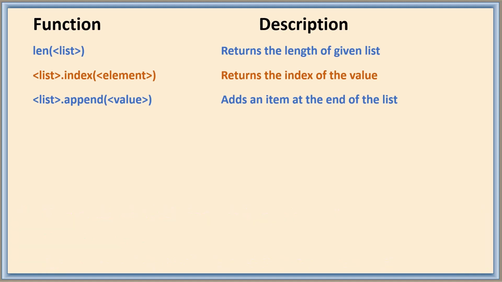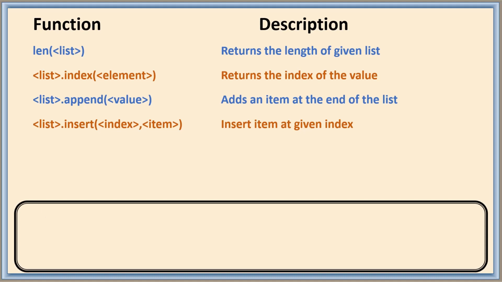If we want to insert an item in the middle, for that also we have a function, that is insert of. We have to give two arguments there. One is the index and the other one is the item.